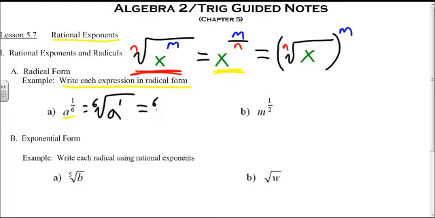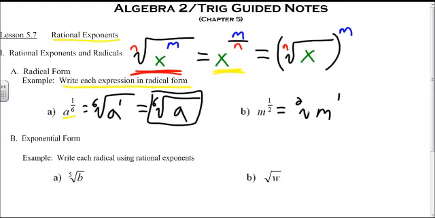Now when you have it here, you don't need to keep the a to the 1. You can just say 6th root of a. So in this case, a to the 1/6 is the same as saying the 6th root of a. Similarly over here we have m to the 1/2 power. Now m to the 1/2 power would be again like saying m to the first power with the radical of an index 2.